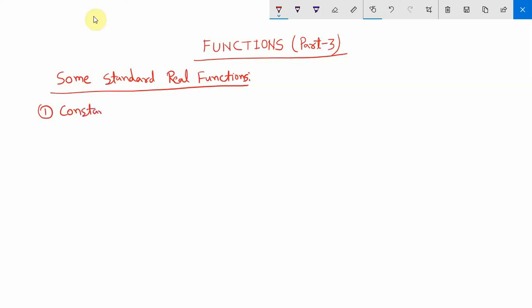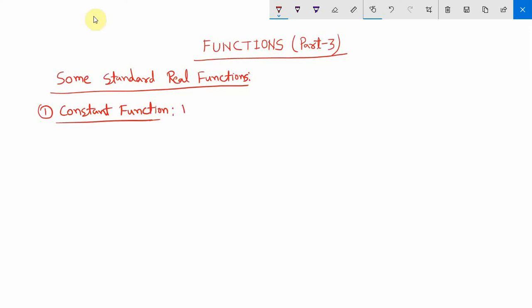So what is a constant function? See, if k is any fixed real number, then a function given by f(x) equal to k for all x which is an element of real numbers is called a constant function.